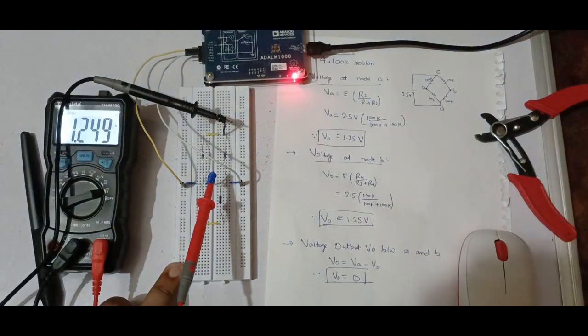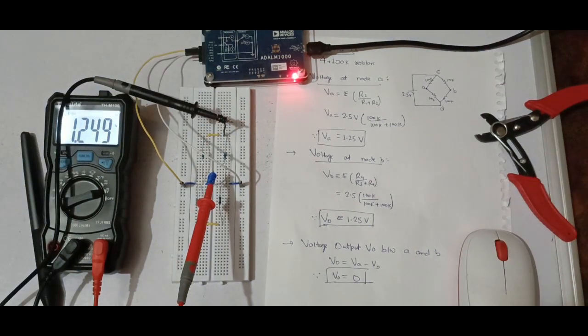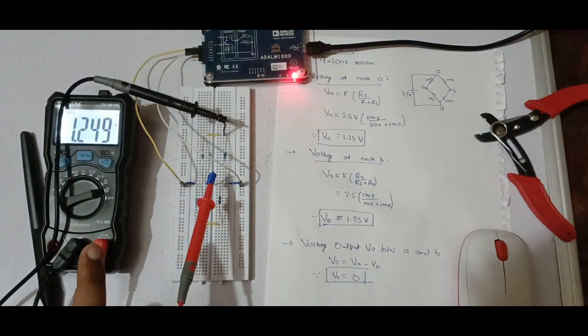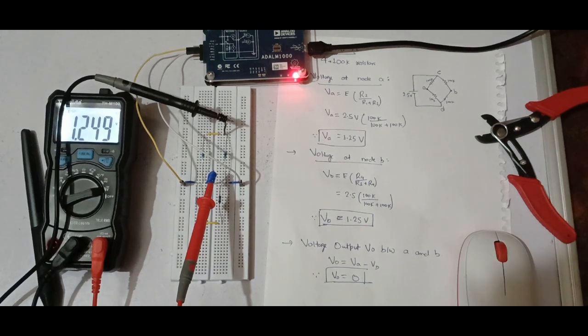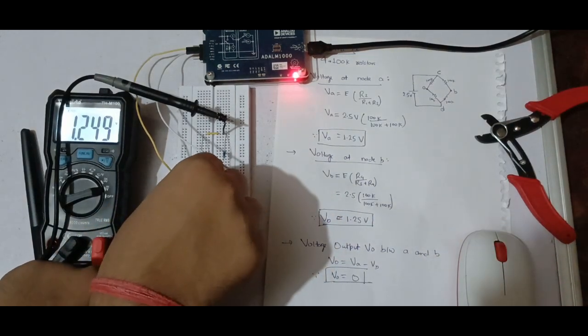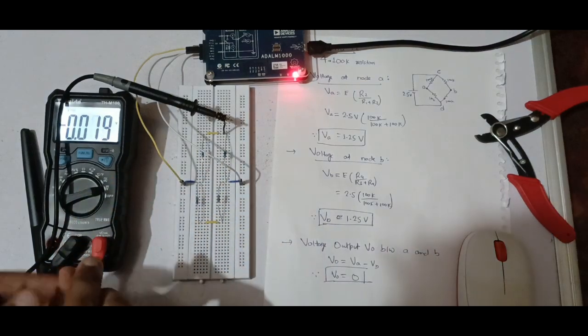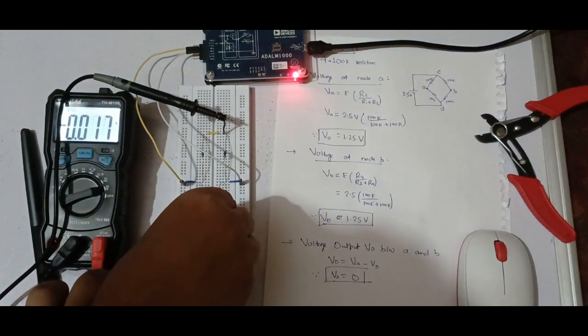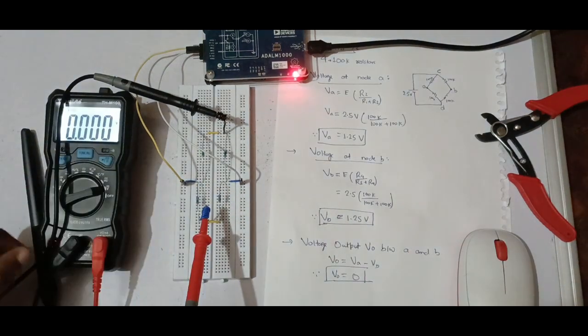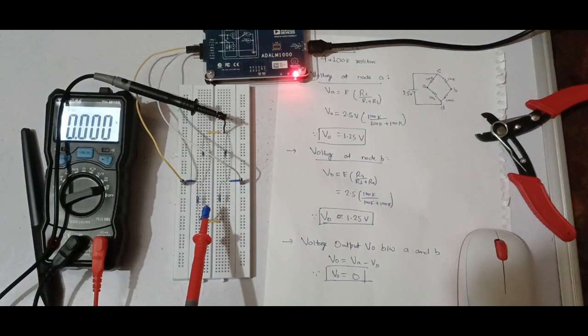Okay, so it is also around 1.25. So our experiment is correct in terms of finding the voltage at node A and node B. Let us find the voltage between node A and B. Okay, so it is 0.